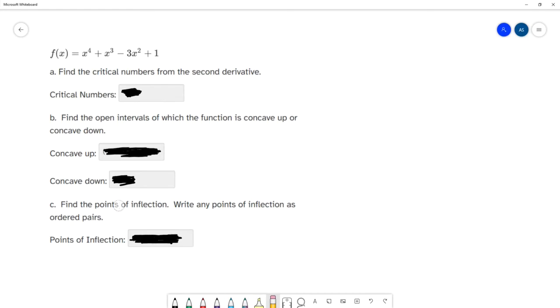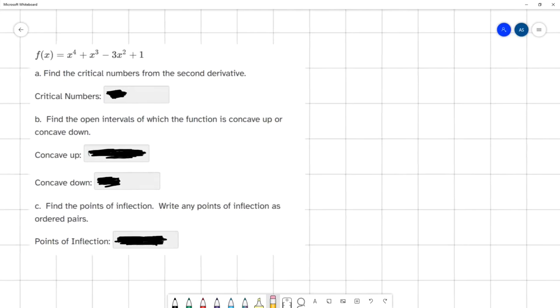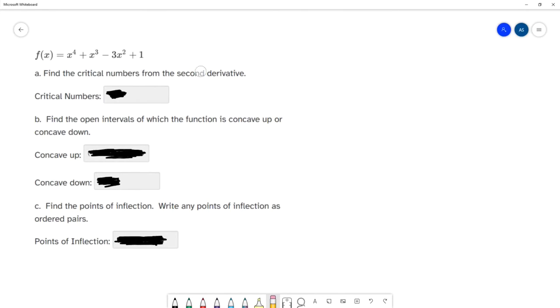And we want to find any points of inflection, and of course write those as ordered pairs. So the critical numbers for the second derivative are going to be when the second derivative is equal to 0 or the second derivative is undefined. So we want to calculate that second derivative.